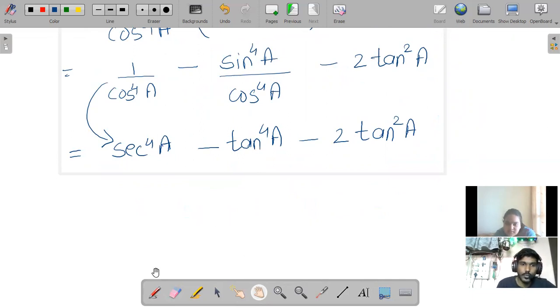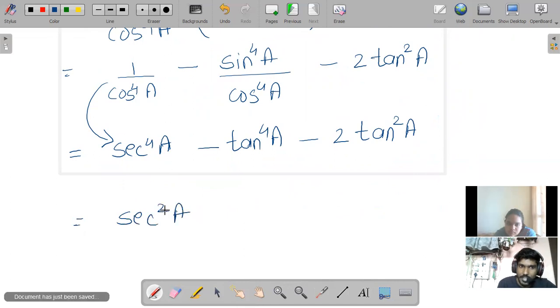Okay. Now, this sec raised to 4a, I will write it as sec square a the whole square. The reason I'm writing this is because I want to use the second identity formula here, and the remaining thing as it is.